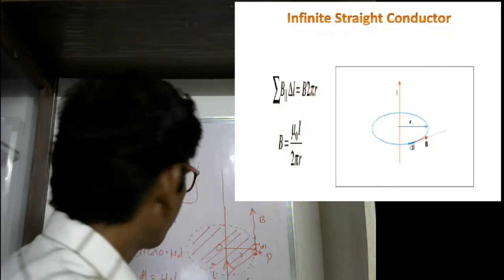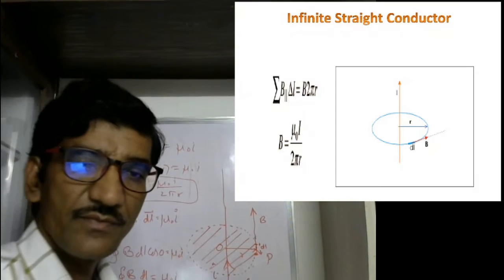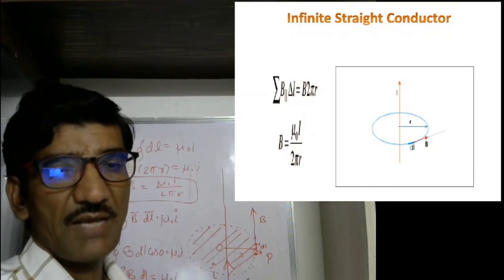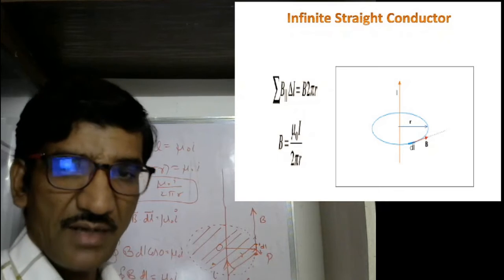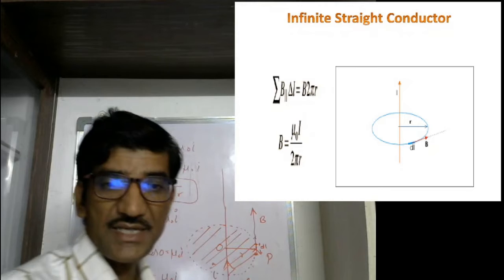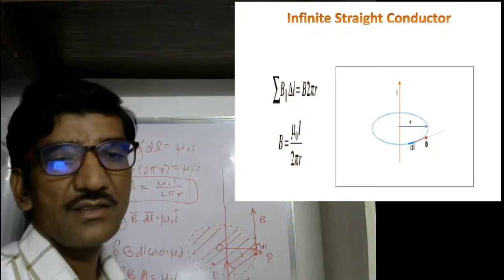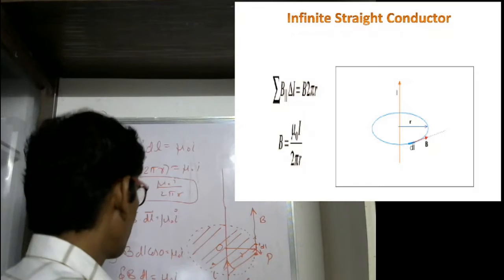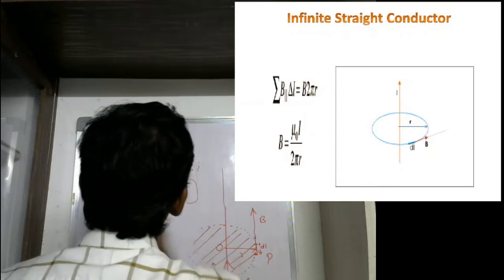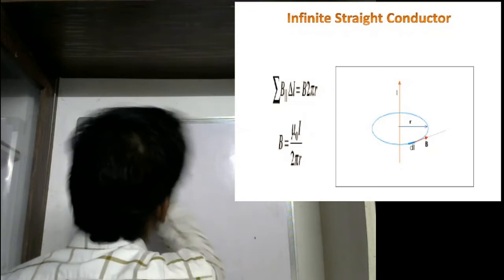This is about the infinite straight wire and the application of Ampere's law to it. This is the first example of the applications of Ampere's law. Now let us go for the other problems.